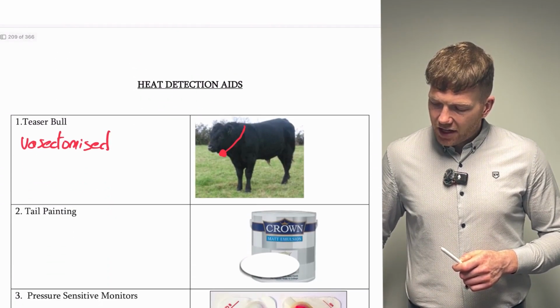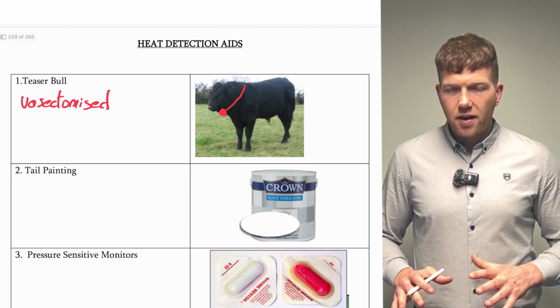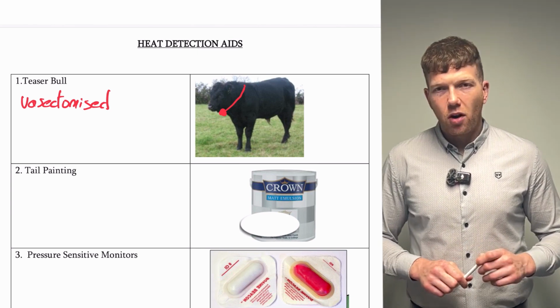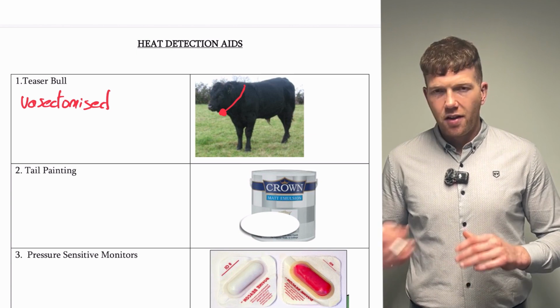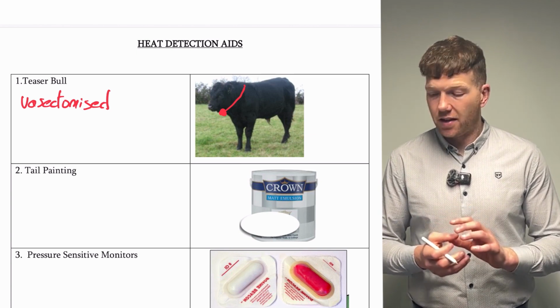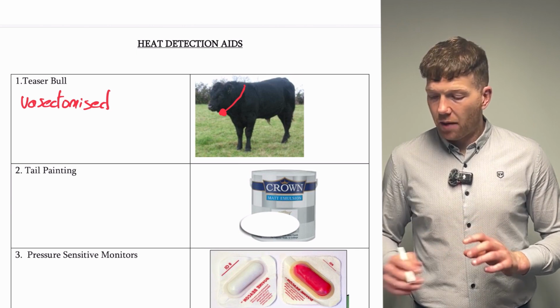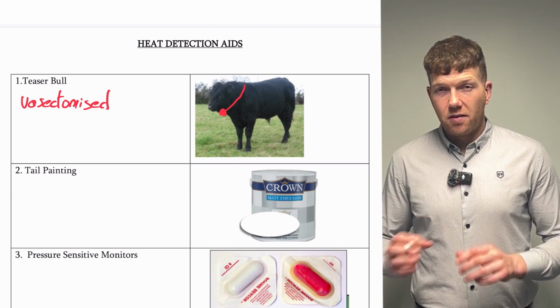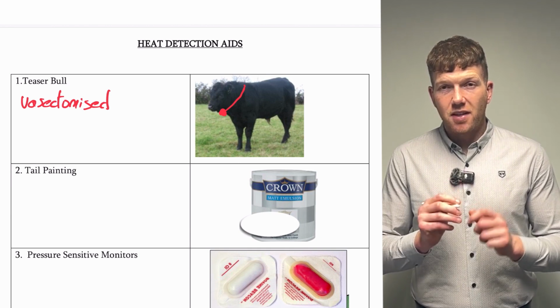The heat detection aids, you see I just before this recording, I've actually drew on what looks like a chin ball. So what happens is that chin ball, there's a paint on it, a ball that has a red paint on it, essentially a red marking on it. And what happens is when that bull, it's called a teaser bull or a vasectomized bull, so what that means is his vas deferens have been cut.